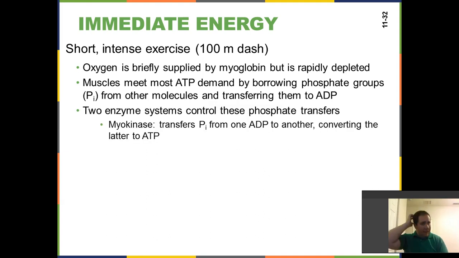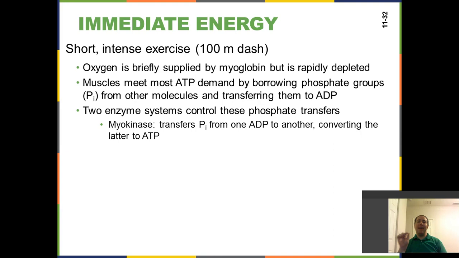So we said, for short exercise, for about 10 seconds, we have enough oxygen on our myoglobin, but then we have to switch to that phosphagen system. The phosphagen system is going to allow us to take phosphate groups from other molecules in the cell to make ATP. Remember, ATP, adenosine triphosphate, 3 phosphates.